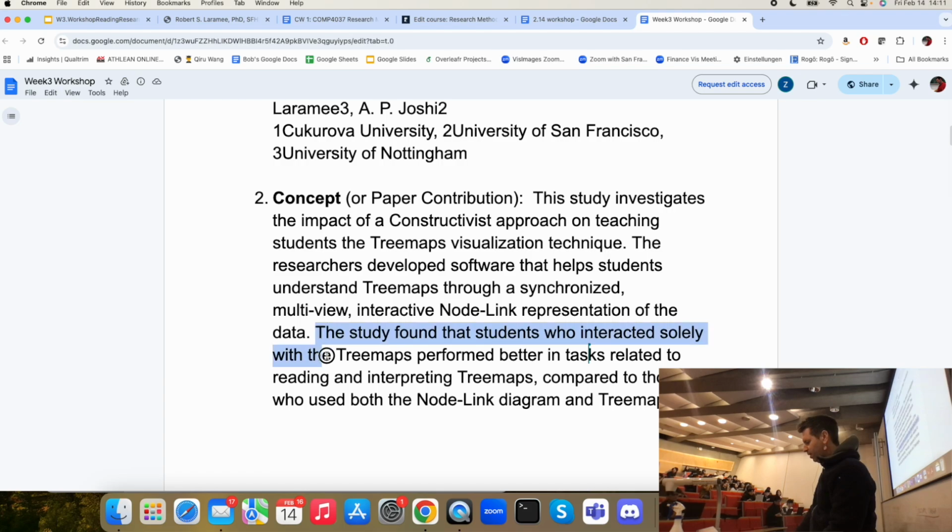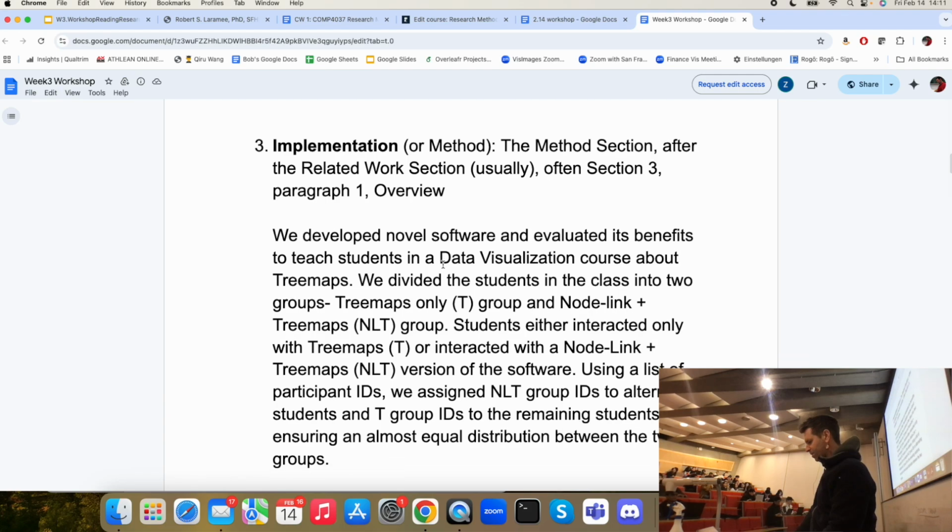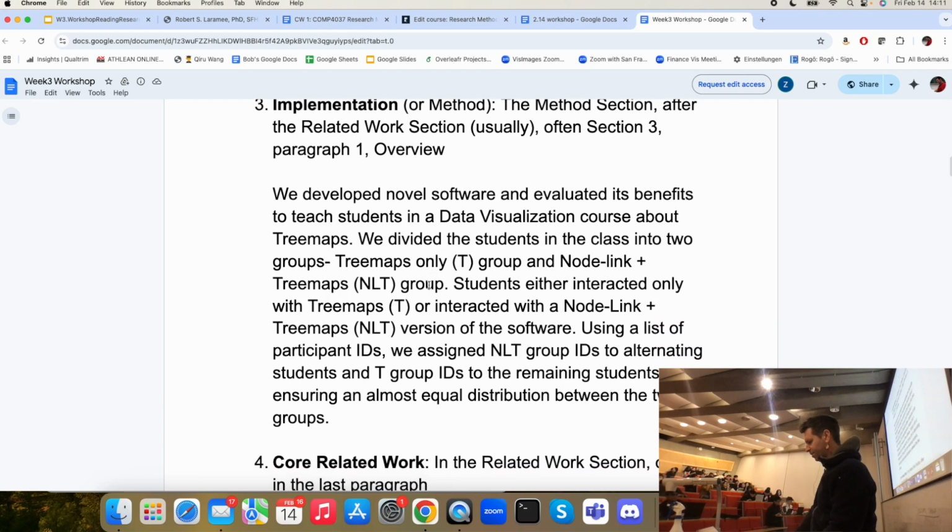Strictly speaking, you don't need this sentence because it's about the results, but it's okay to include that sentence. So this is a good summary of the concept.